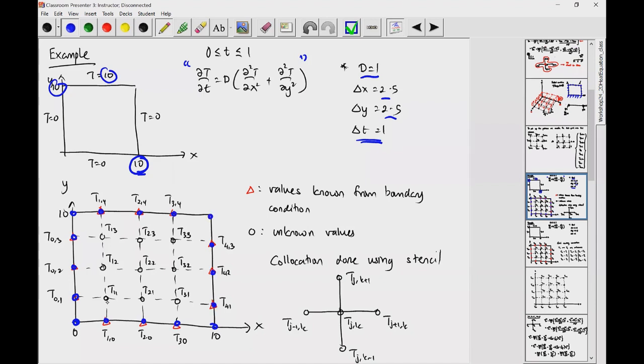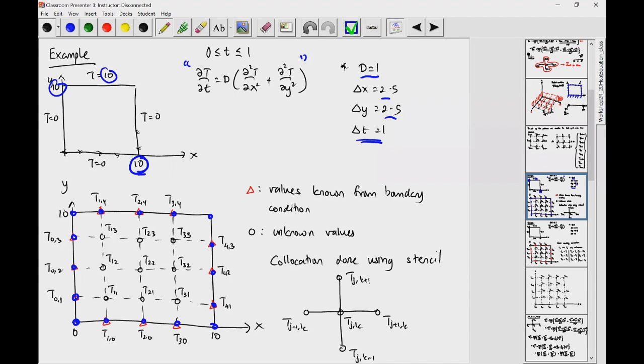So you have all these blue points, as well as the black dots that you see over here. The ones with the red triangle mean that the values are known from the boundary condition, and that is true because everything on the boundary here is known from the boundary condition.